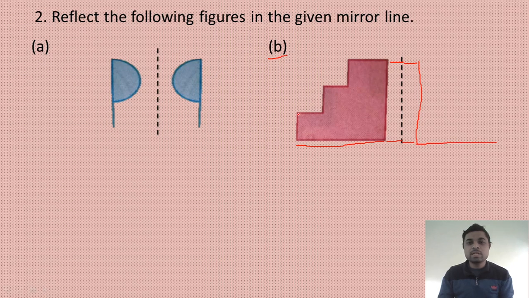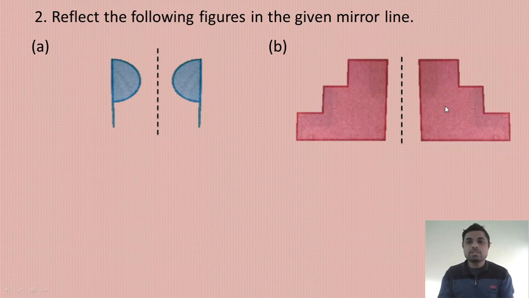Then measure this distance. Draw this distance here. Okay. Measure this distance. That means all will be the same. No change will be here. Similarly, you just draw it. And it looks like this. Is it clear? So it looks like this. Okay.